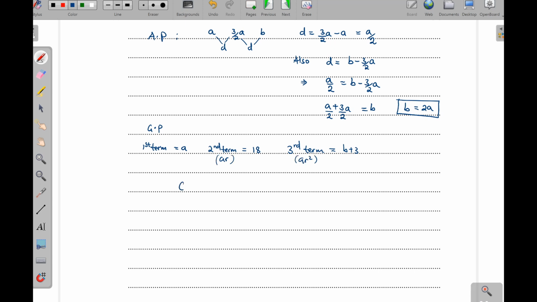So for us to get the common ratio for the GP, you get the preceding term, then you divide by the preceding term. So I can say get the second term, then you divide by the first term.